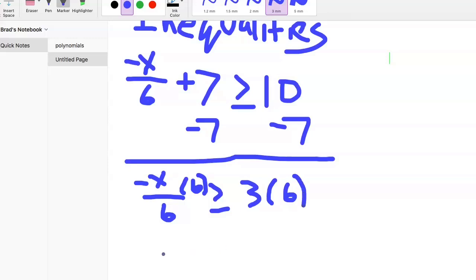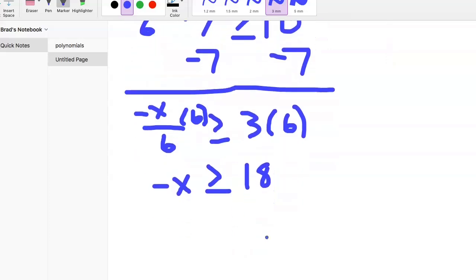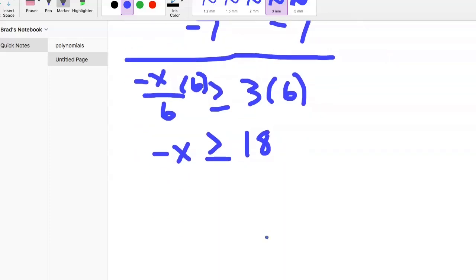Then what we have left, so that denominator goes away, and we just have the negative x, still greater than or equal to 3 times 6, which is 18. Okay, negative x is greater than or equal to 18, but we want to be solving for x almost for sure. And so because of that, we will multiply each side by -1.